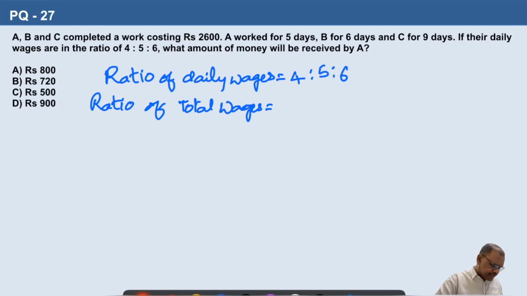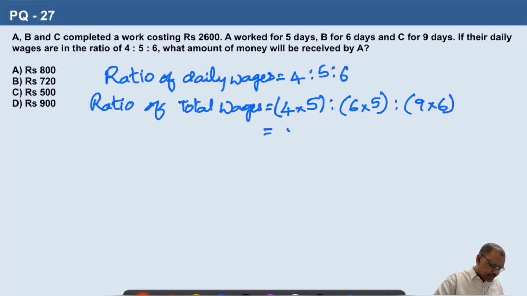Since they are working for a different number of days, we should multiply the share of each person with the number of days they worked. That is 4 into 5 because A is working for 5 days, and B is working for 6 days, 6 into 5. C is working for 9 days, 9 into 6.